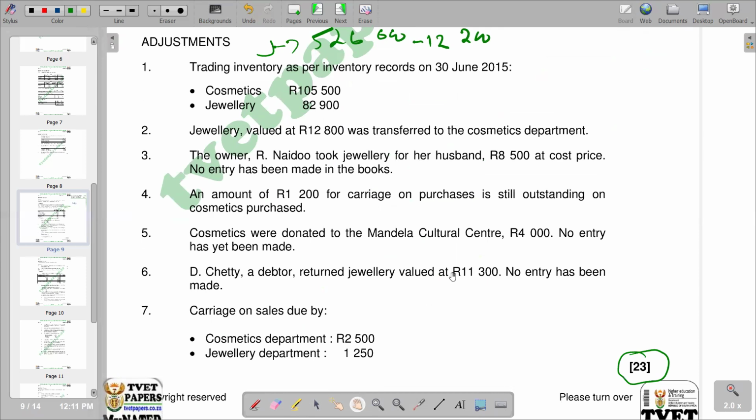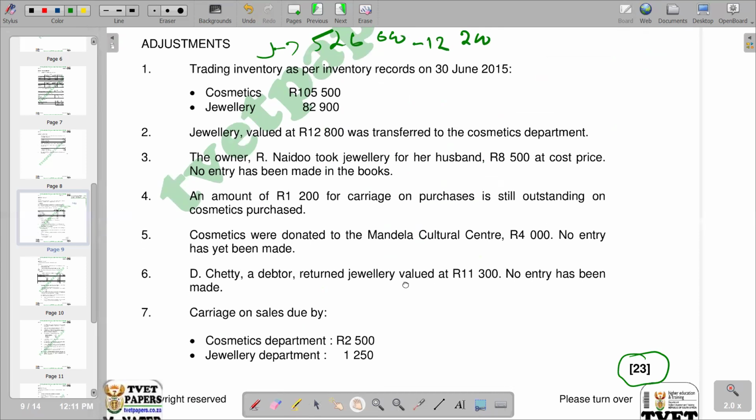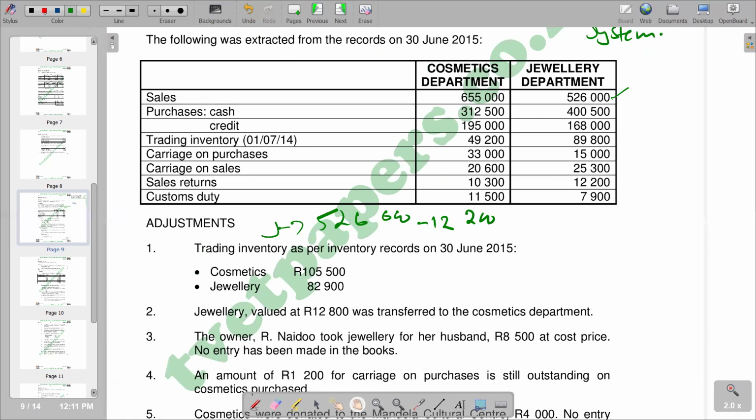So we need to subtract an additional 11,300 for returns there. So we're saying minus again 11,300. Then you try to calculate it aside now. So we say 526,000, and then we subtract 12,200, and we subtract again 11,300.